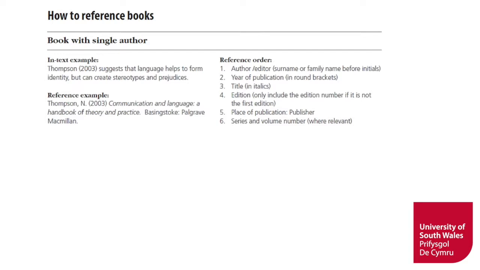No initial within the text. When you're referencing in the bibliography or the reference list at the back of your essay, your bibliography would then have the author's surname, then their initial, and then the year of publication. So again, quite pedantic, but that is how you do it.